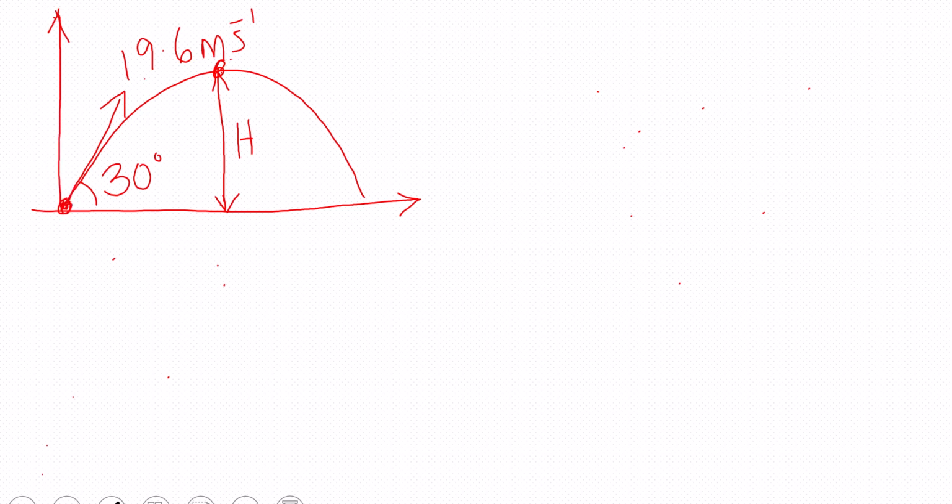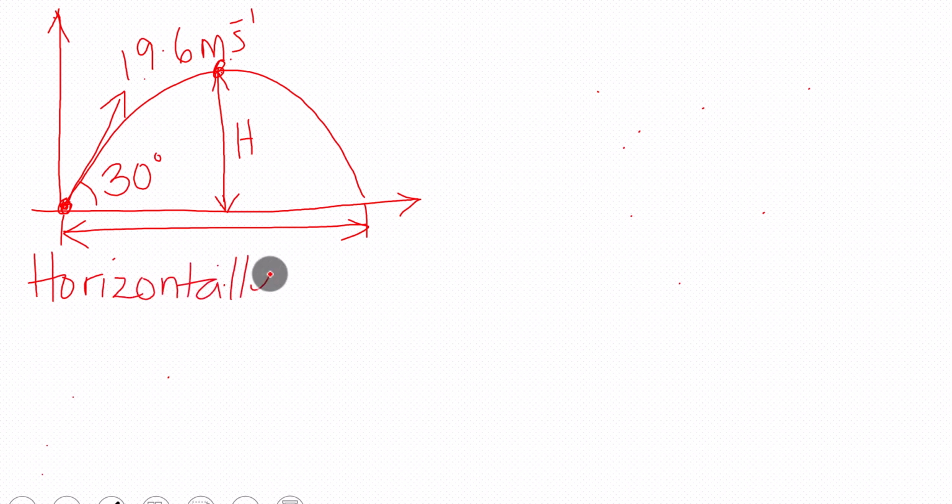Since the range will be this distance, and it is in the x, we can say horizontally, our s in the x will be the range that we are looking for. Our acceleration in the x will always equal 0.